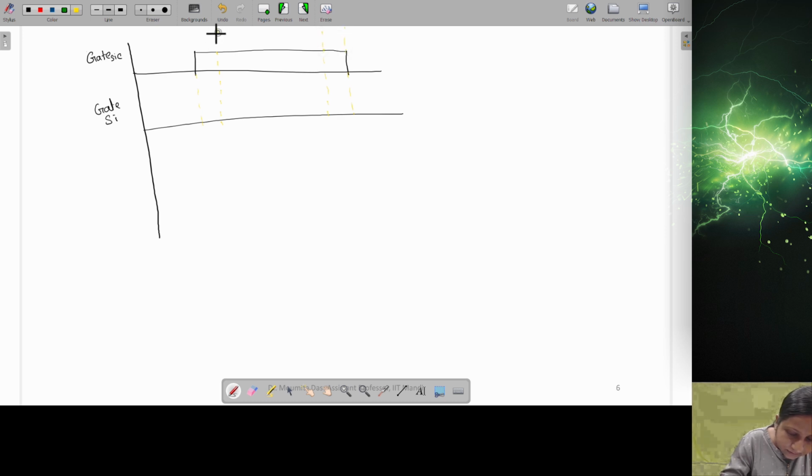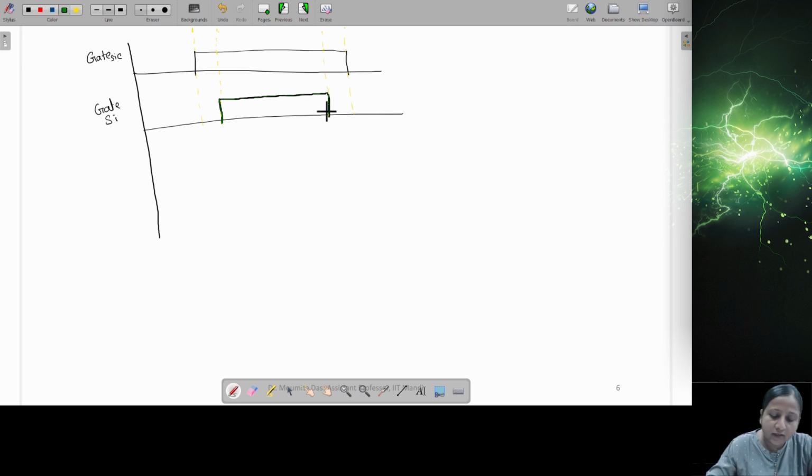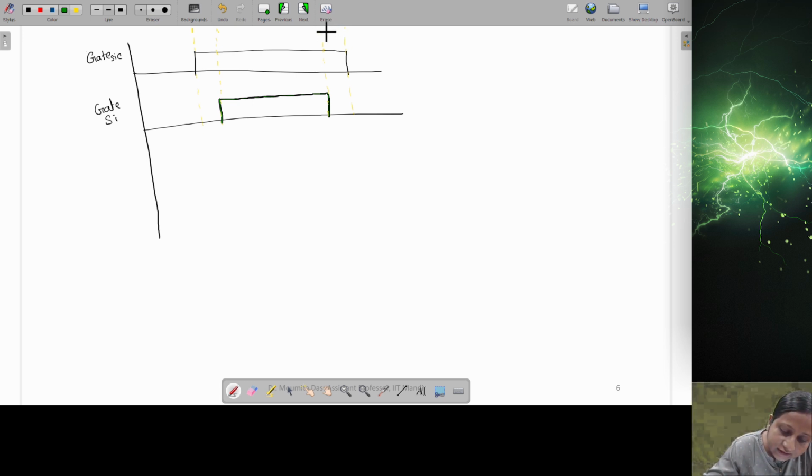Let me just give this as turn on and turn off delay. I hope this color is visible to you. Here I'm going to use a different color so that it will be clear for you. So this is the gate of the silicon, and this part close to turn off is the turn off delay.